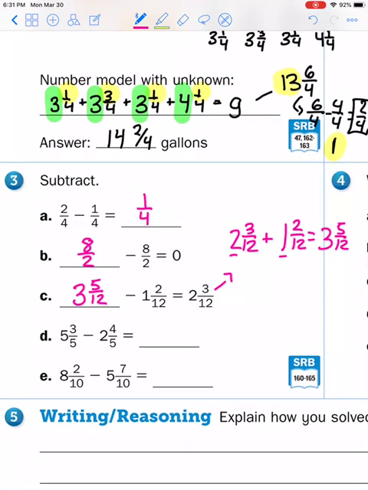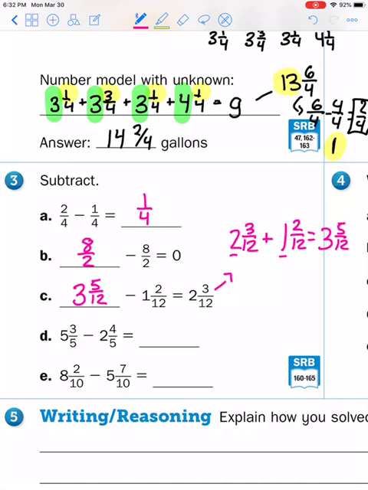Okay, D, 5 and 3/5 minus 2 and 4/5. Now, you have to be careful because here is a smaller numerator and here is a bigger numerator.